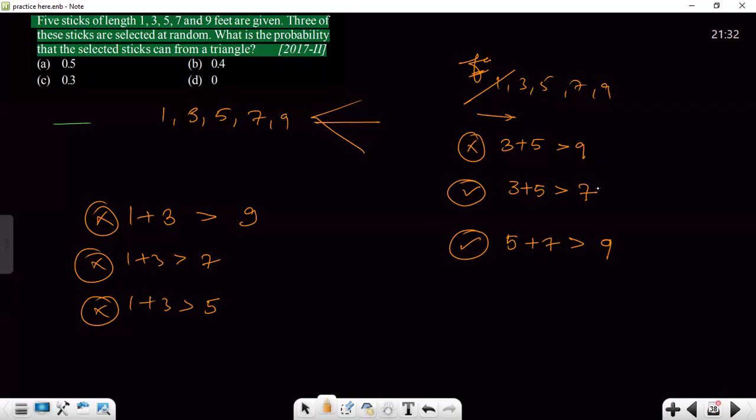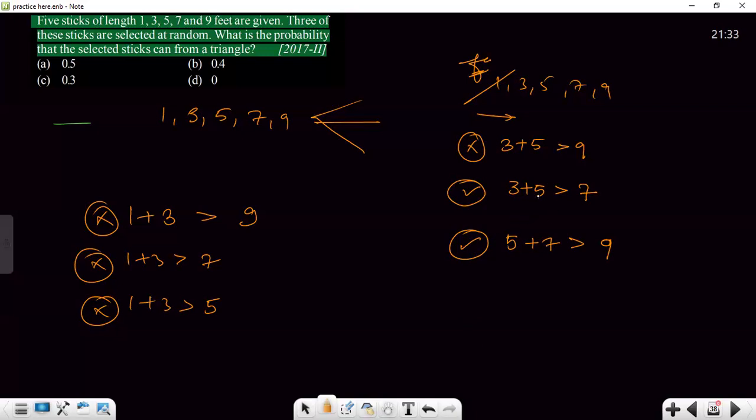3 plus 7, no. 5 plus 3, 8 is not greater than 9. So 1 plus 9 is greater than 7, but 1 and 9 are not the shortest. 1 plus 7, 1 plus 5. Okay, 3 plus 5, 8, 7, no. 3 plus 5, 8, 9, no. 3 plus 7.